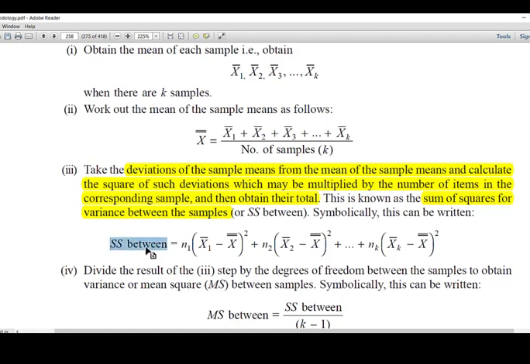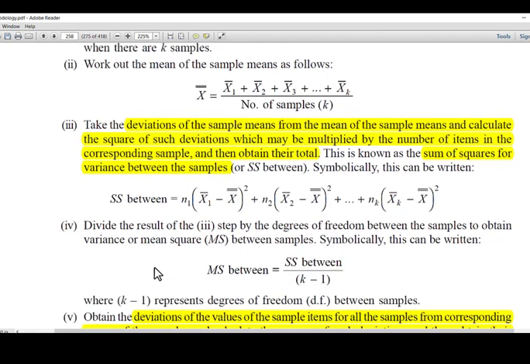This is here, SS between. Here, N1 is the number of items in the first sample, N2 is the number of items in the second sample, Nk is the number of items in the kth sample. And here, X1 bar is the mean of items in the first sample. Like that we can discuss.